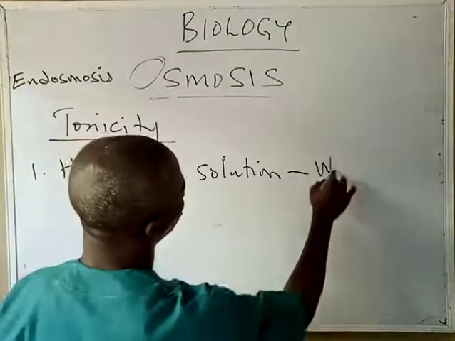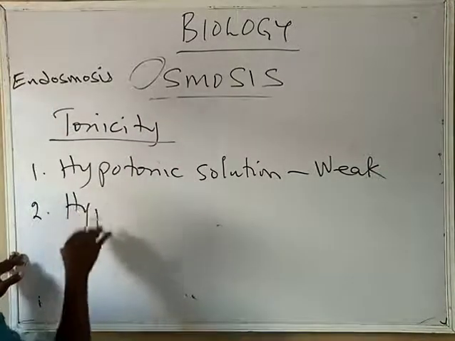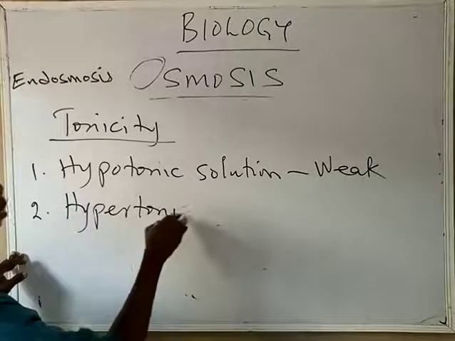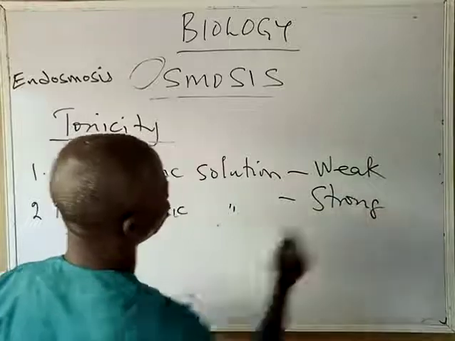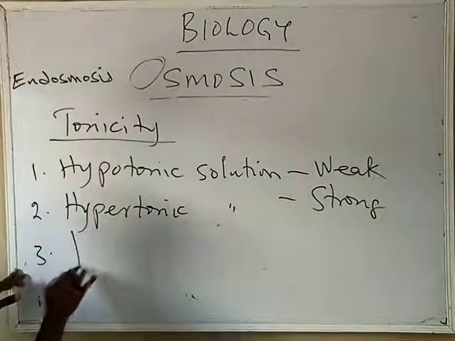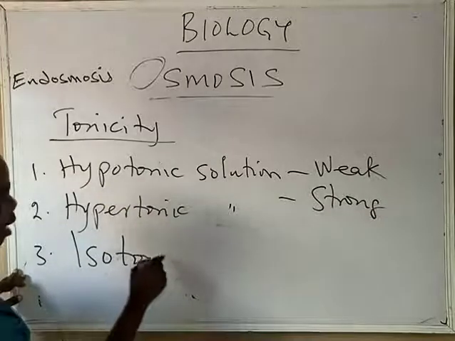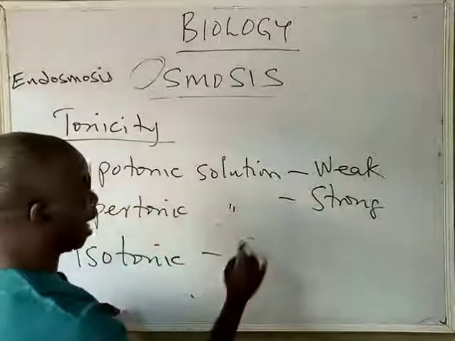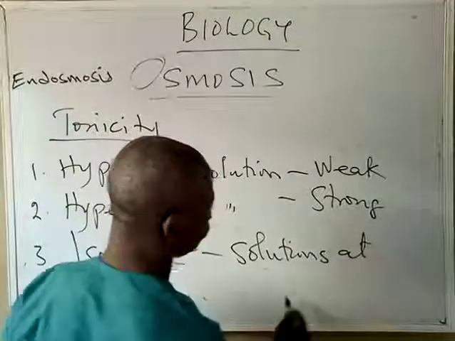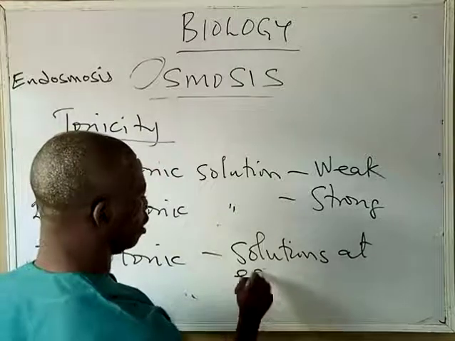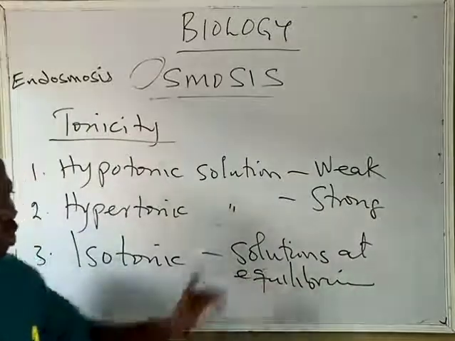Weak solutions. Then two, we have hypertonic solutions, which are what? Strong solutions. And three, we have isotonic solutions, which are solutions at equilibrium. These are solutions at equilibrium.